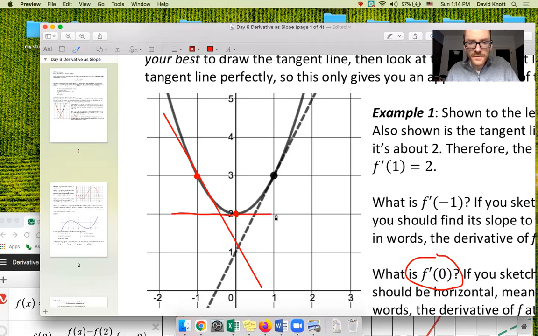I think it would be flat, like this. So that would be the tangent line at 0. And what is the slope of that line? Well, the slope of a horizontal line is 0. So the derivative at 0 is 0. The instantaneous rate of change at 0 is 0. Okay.